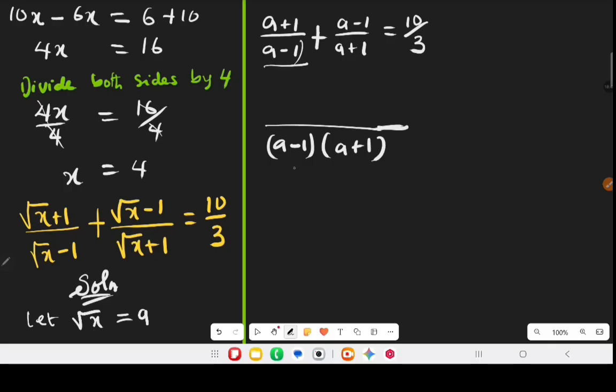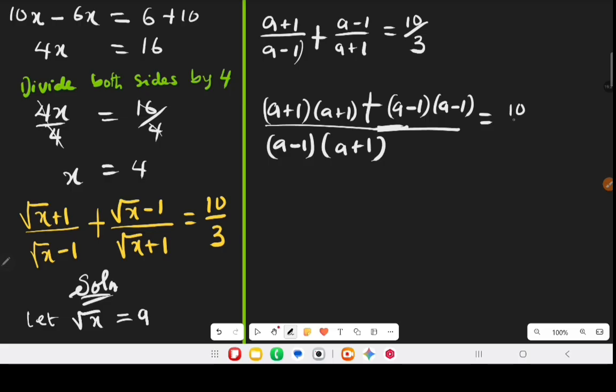A minus 1 into the denominator, we cancel out this, left with a plus 1, which we have a plus 1 times the numerator, which is a plus 1, plus, we continue, when a plus 1 into the LCM, it will cancel out, left with a minus 1 times the numerator, which will give us a minus 1 into a minus 1 equal to 10 all over 3.